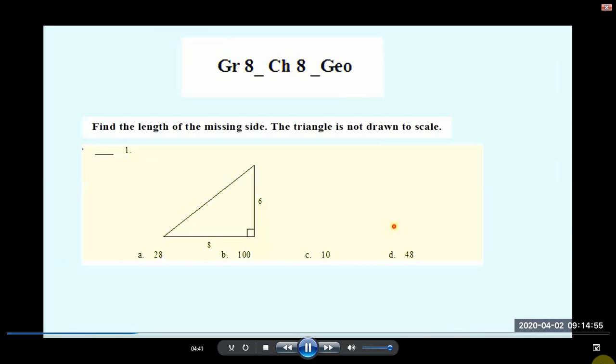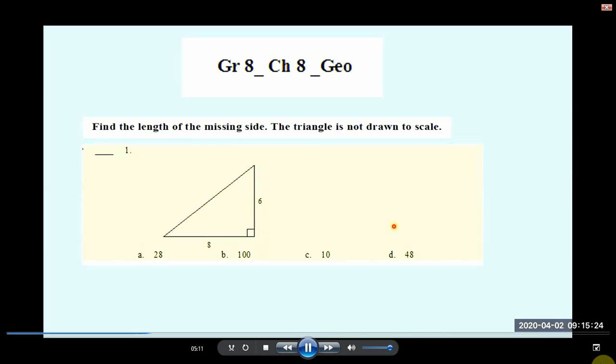We can start now. Can you tell me what is the missing side? Hypotenuse. Yes. Solve. Don't tell me the final answer, say the steps. What's the step? 6 squared plus 8 squared equals 100.